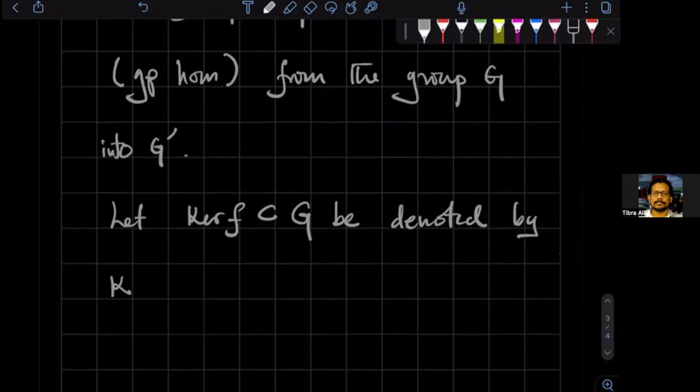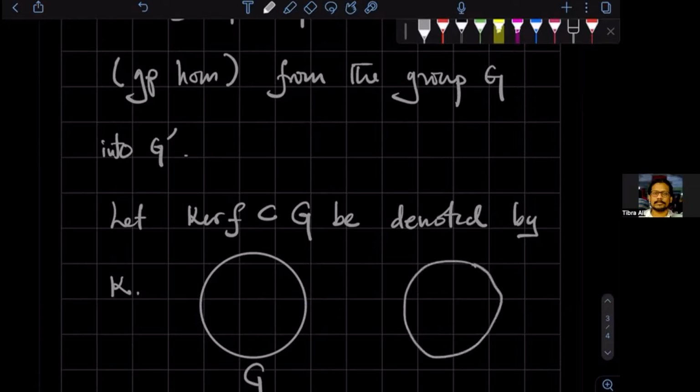Okay? Do people remember what a kernel of F is? Can somebody say, who hasn't taken abstract algebra courses before? It's the set of elements that maps to the identity in the target set. Very good, yeah.